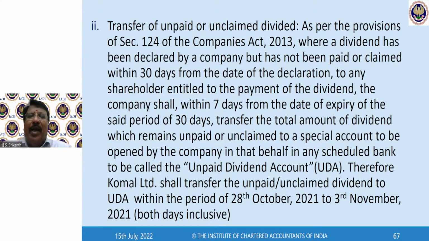By complicating these permutations and combinations, nothing happens. The law is clear. Once you become a government company, you will continue to be a Section 8 company with the privileges of a Section 8 company, so long as you satisfy the Section 8 requirements. You should apply your profit for the objects of the company. Should not declare dividend.